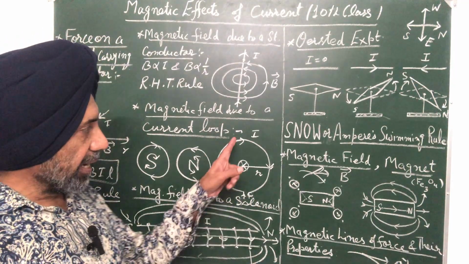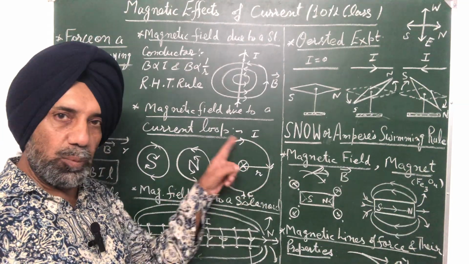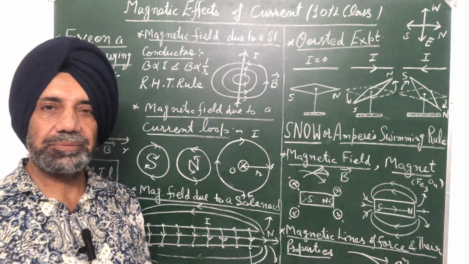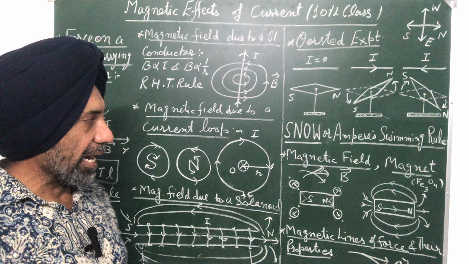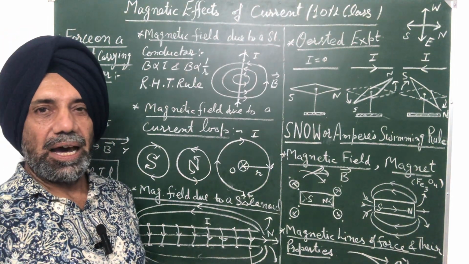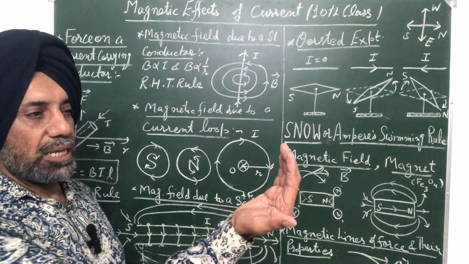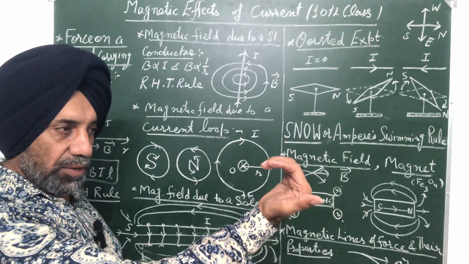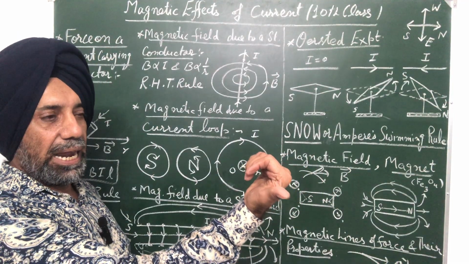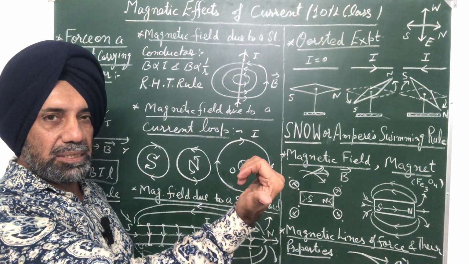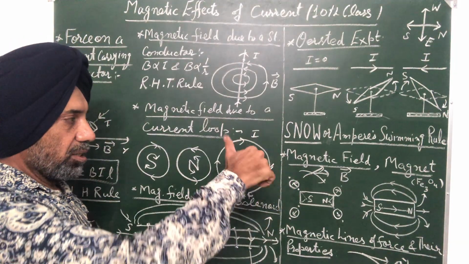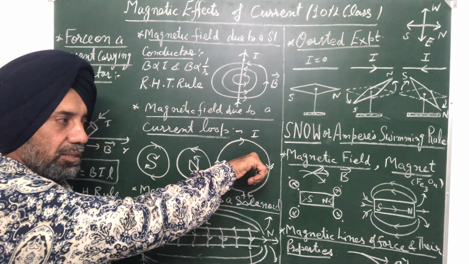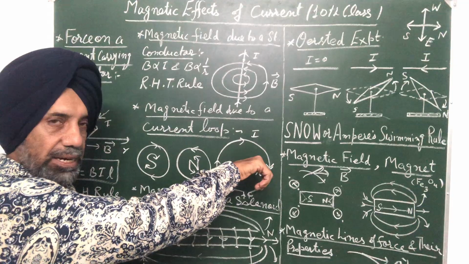So it means the magnetic field produced by this current loop will be maximum at the center, and its direction is given by again the right hand thumb rule. Very simple. So remember the right hand thumb rule. Curl the fingers of your right hand like this, so that the thumb is stretched, and now put your fingers in the direction of current like this.